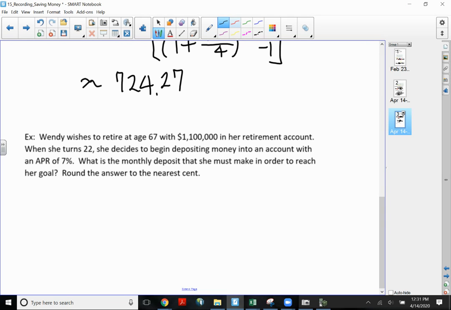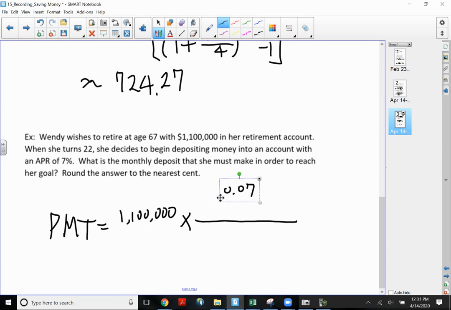All right. So the payment is equal to her future value, $1,100,000, times 0.07 over, let's say monthly deposit, so that's 12.